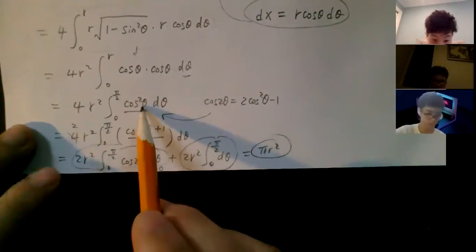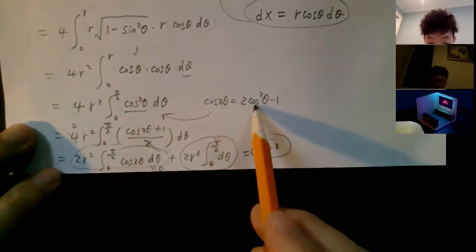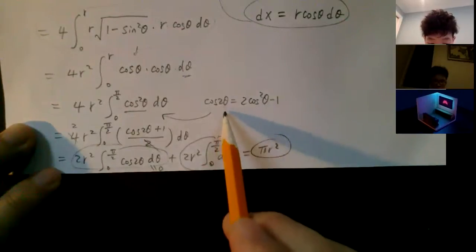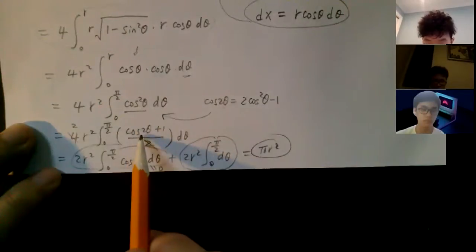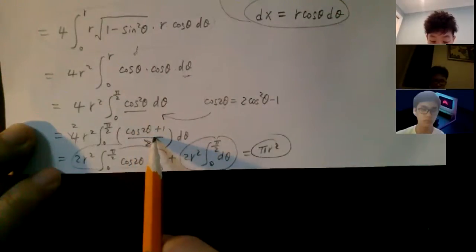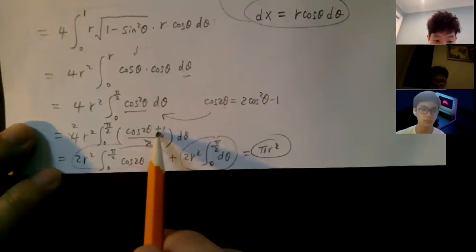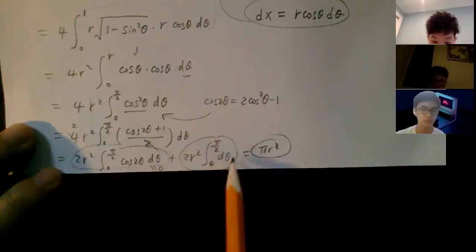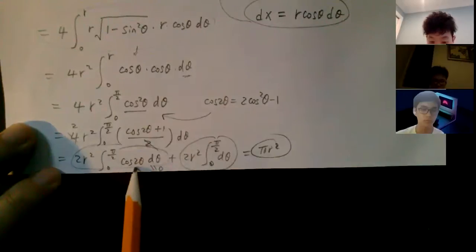So I use trig knowledge again. Cosine 2 theta equals 2 cosine squared theta minus 1. Then I am able to convert this into a power 1 theta expression, right? Because this is addition, I separate those two parts. One part is a simple integral, and the other part is dealing with the integral of cosine 2 theta.